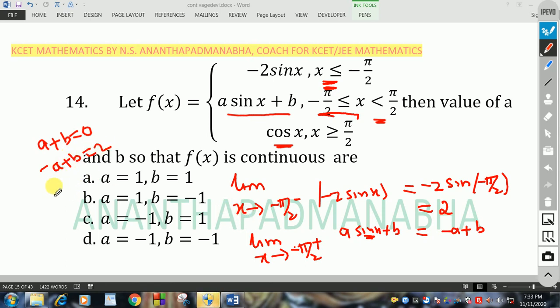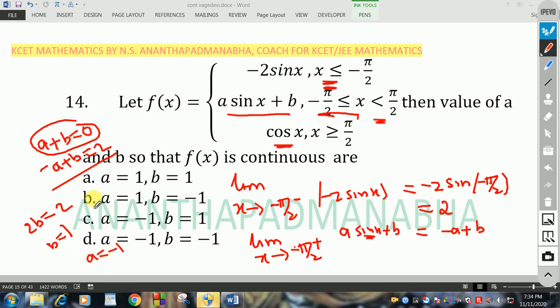So we can solve this by using the simultaneous equation method. If you add these two equations, you will get 2b is equal to, a minus a is 0, b plus b is 2b, is equal to 2, or b is equal to 1. So when b is equal to 1, I can use any equation to find a. So a will be minus 1.